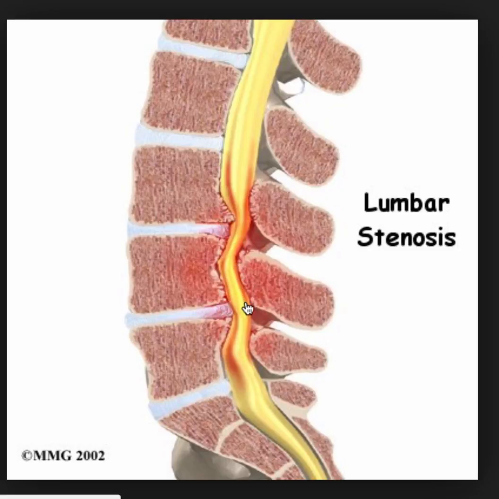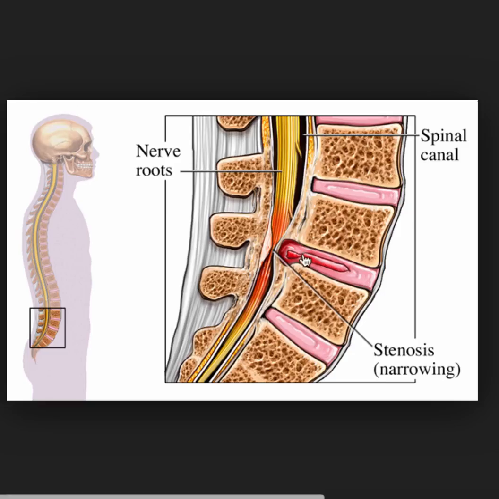But this is going to be symptomatic, where this one, they may be symptomatic from a disc standpoint, but not from a stenosis standpoint. Yes, there is stenosis, but not clinical symptomatic stenosis that causes that crampy pain in the buttocks and the legs.